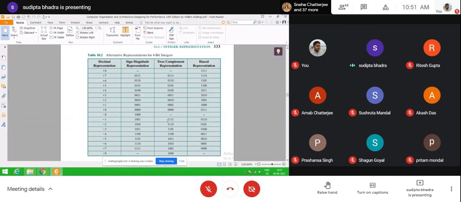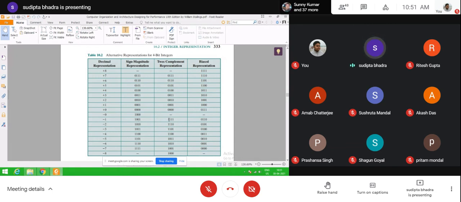Now what will be the 2's complement representation of minus 1? The sign magnitude representation is 1001.